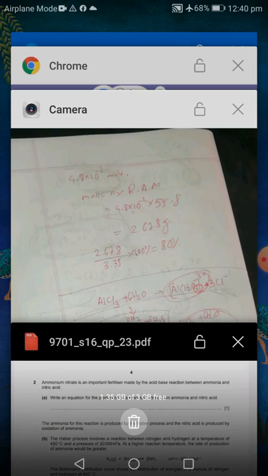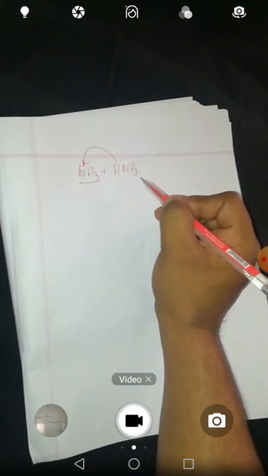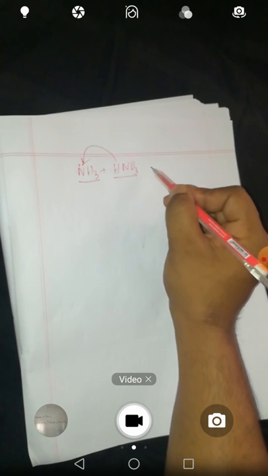Still, I'm showing the reaction. Ammonia plus HNO3: here nitrogen has a lone pair of electrons and will accept the hydrogen ion, so it's a Bronsted-Lowry base, and this is a Bronsted-Lowry acid. It produces NH4 plus and NO3 minus.